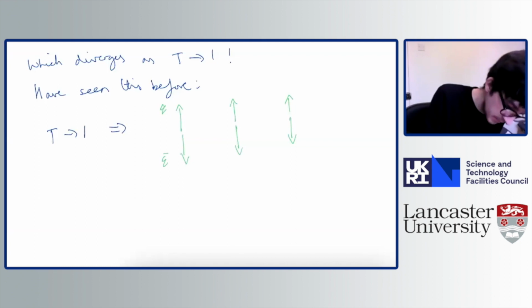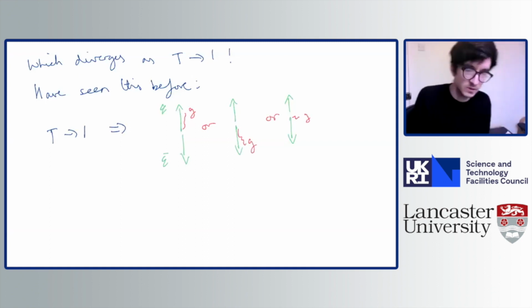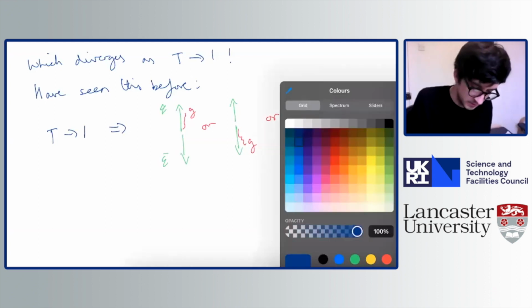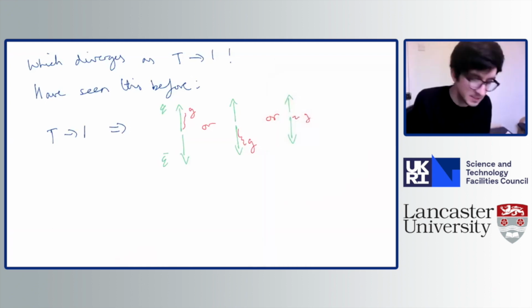A gluon there, or a gluon there, or a soft gluon like that. Those all give you that back-to-back configuration, that thrust going to 1. So one's picking up those collinear and soft singularities again.